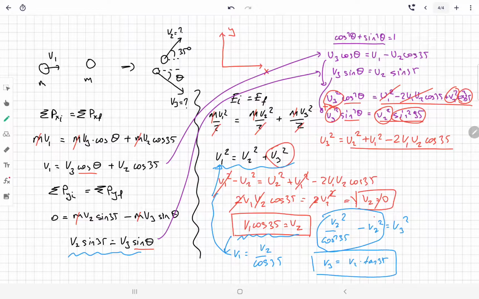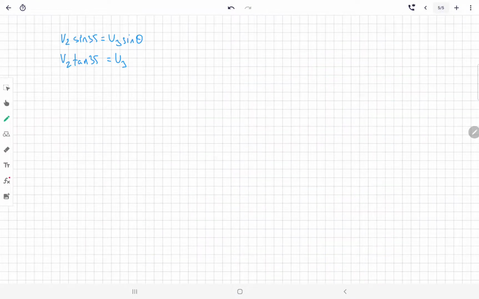So again we have this relationship. Let me copy it to the new page. From here we can easily find angle theta.